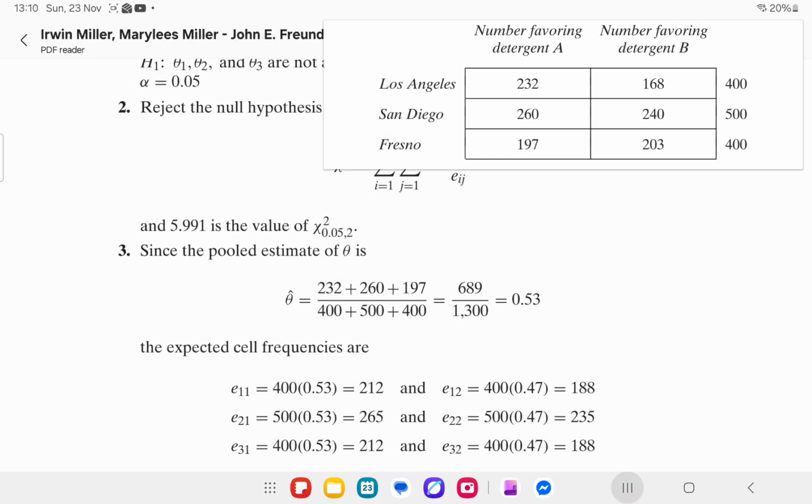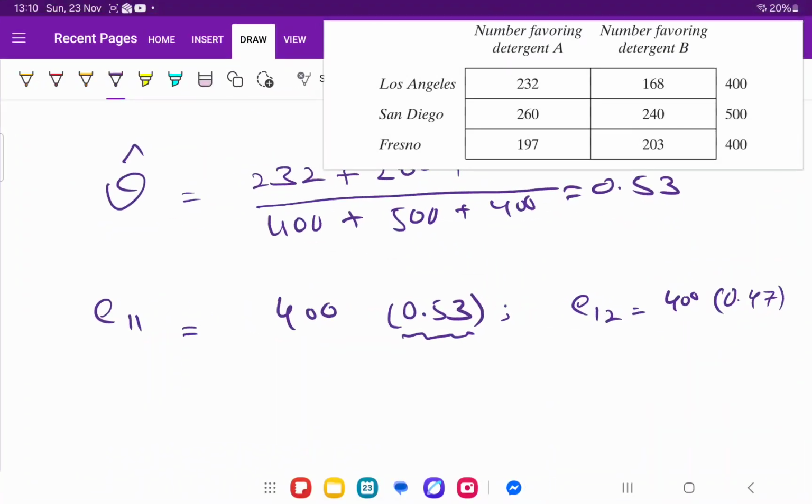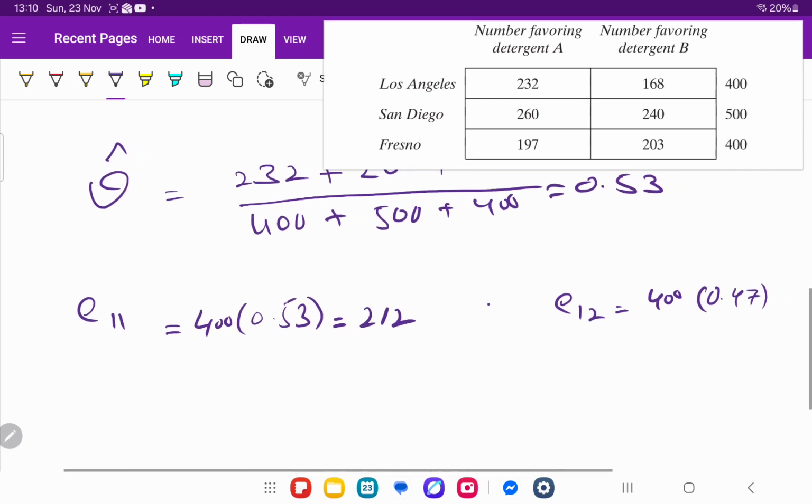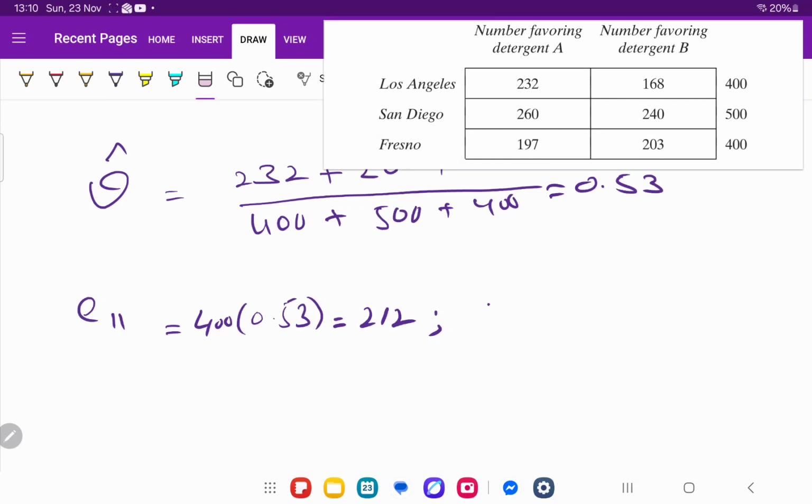Okay, so what is the value here? Let me rewrite here. 400 multiplied by 0.53, what is the answer? 212. And we are closing here, and then I'm just rewriting again.